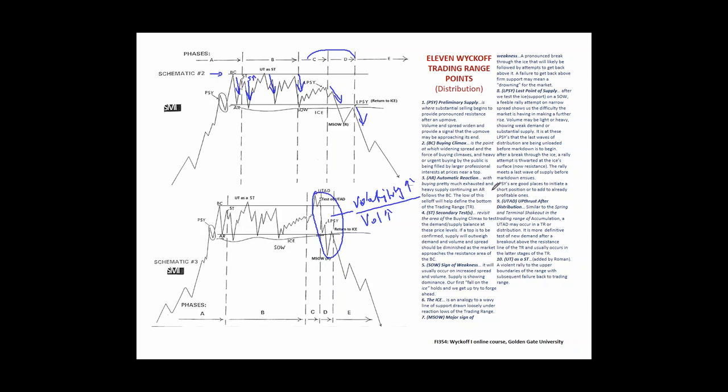And this is why distribution is distinctly different from accumulation. They look similar, like mirror images of each other, but in the actual volume-price characteristics, they're distinctly different.